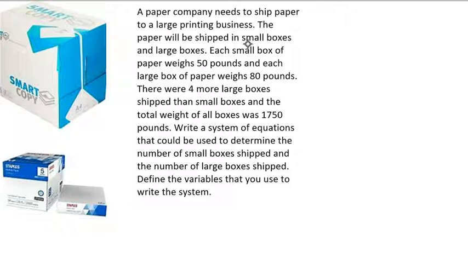So as soon as I see this, I'm thinking variables, right? One kind of box is small, the other kind of box is large. In fact, I'm going to define variables right now just based on reading that. Let S be the number of small boxes.